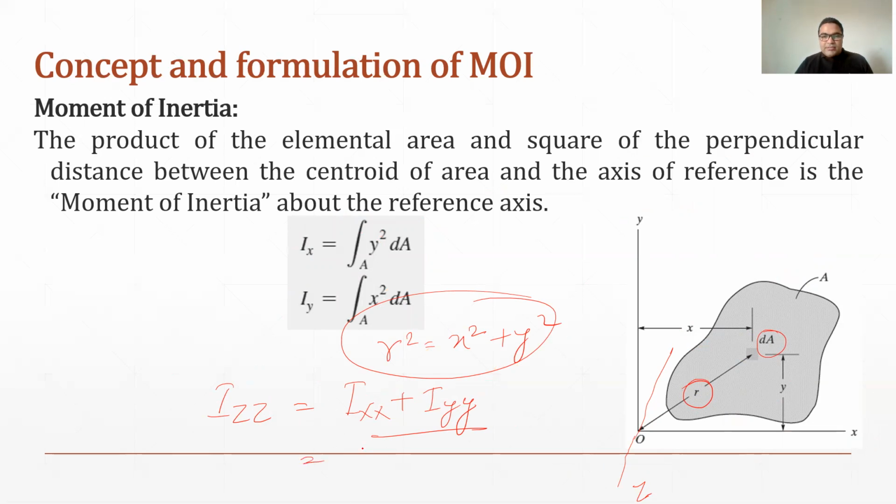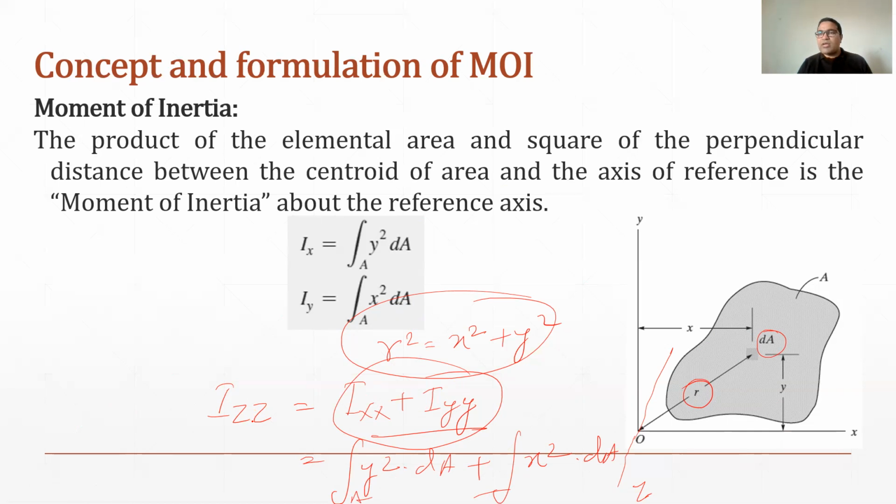How it happens, you can see here: y square into dA plus x square into dA. Adding these, we get this. This is actually a theorem, called the perpendicular axis theorem.